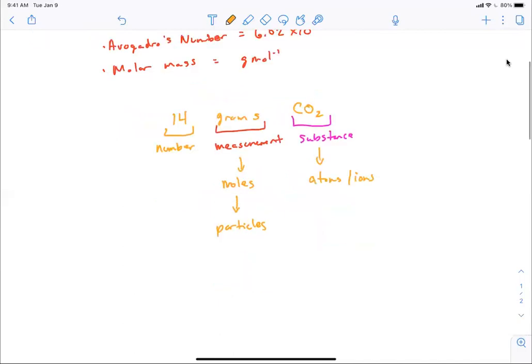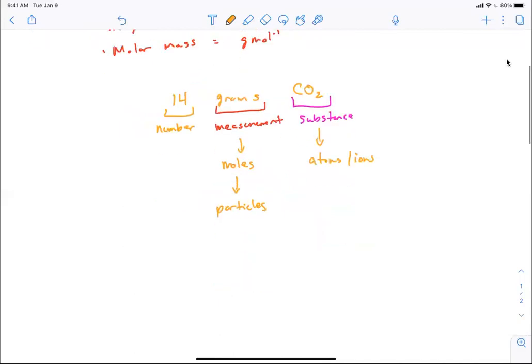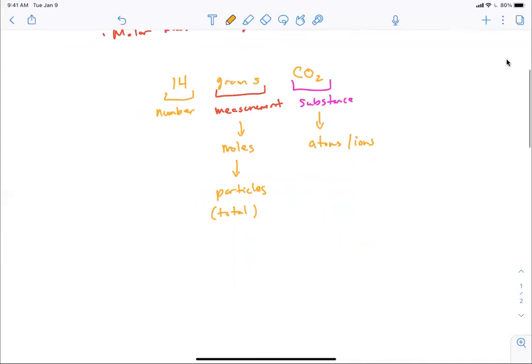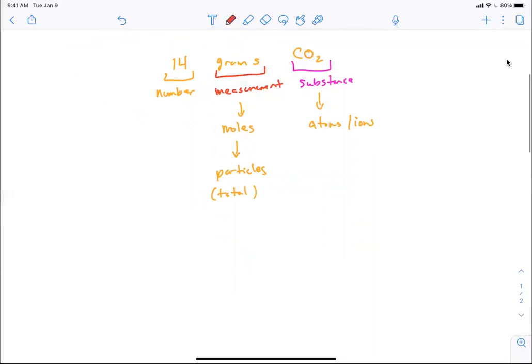And so particles is the same thing as total, that term total means that. So if I say, what's the total number of carbon atoms in 14 grams of CO2? Well, the idea here is that you are converting the units for each one step by step to get there.